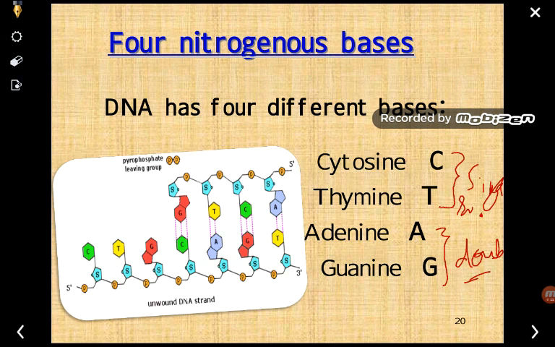That's why adenine and guanine, which are double ring compounds, are said to be the purines, and these are said to be the pyrimidines.